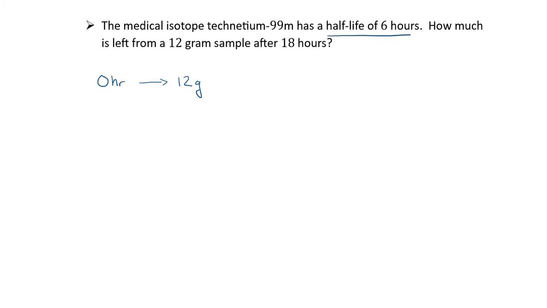If the half-life is 6 hours, that means that in 6 hours, this 12 grams will be cut in half to 6 grams. Now, if I let another 6 hours pass, I would be at 12 hours, and this 6 grams would be cut in half to be 3 grams.